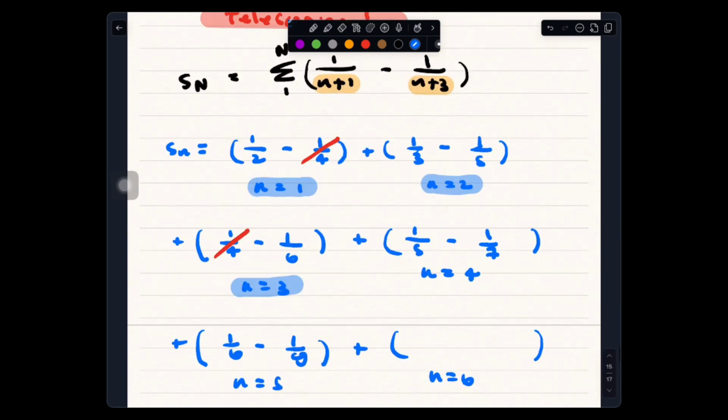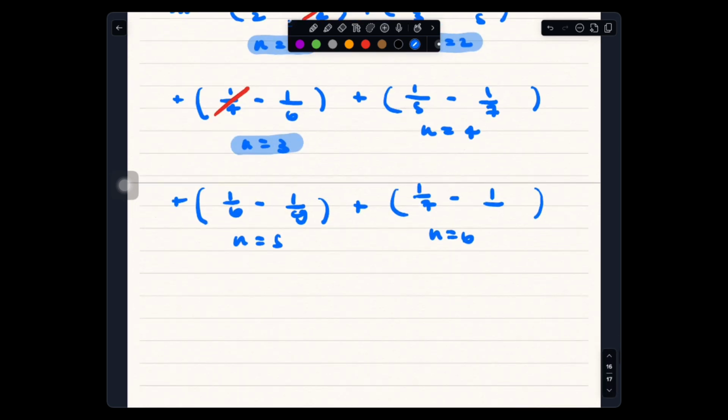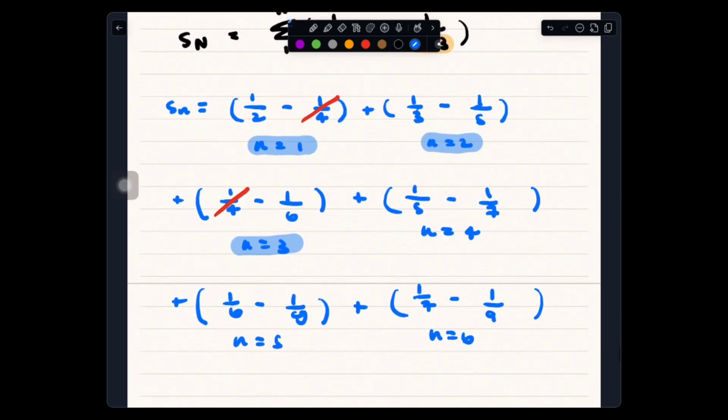And then n is 6. Let's take a close look. N is 6. That's 1/7 minus 1 what? 9th. So the next 3 terms are 4, 5, what else? 6. All right. So what's going on with the collapsing now?